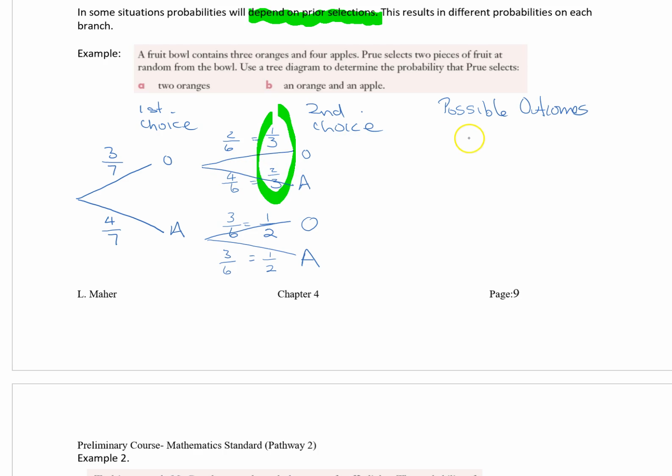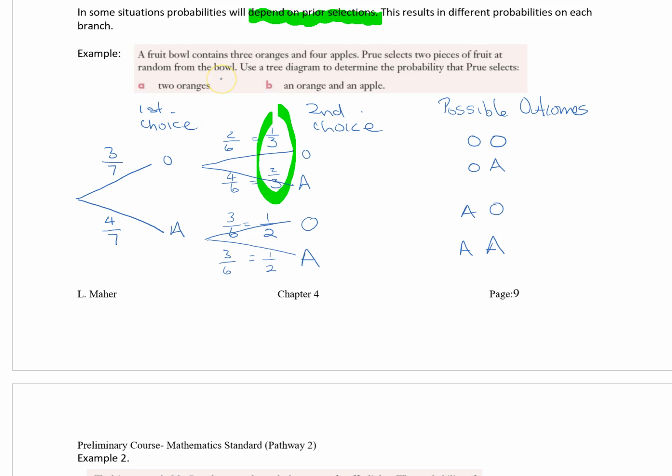Our possible outcomes are orange followed by an orange, orange followed by an apple, an apple followed by an orange, and an apple followed by an apple. And the way that we actually get the probability is to multiply our probabilities across the branch.